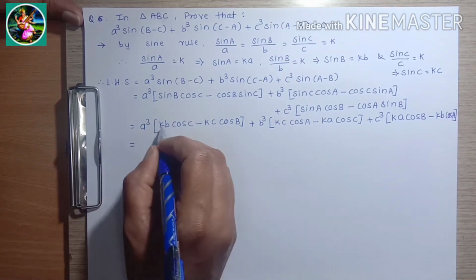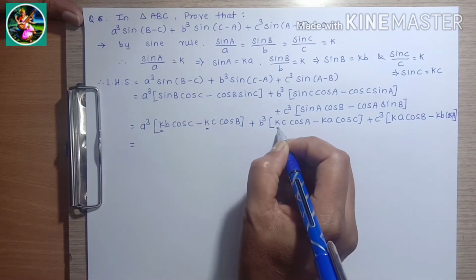Therefore, we take k common from each bracket.